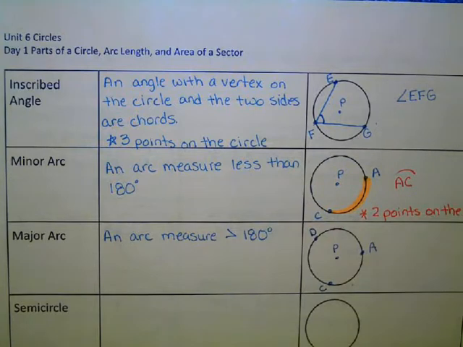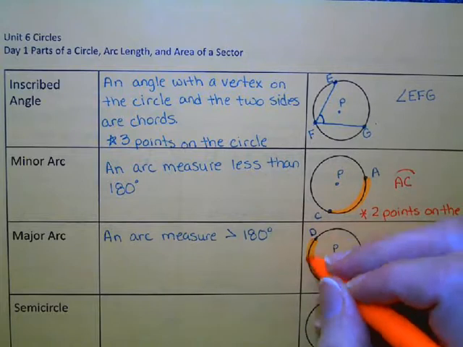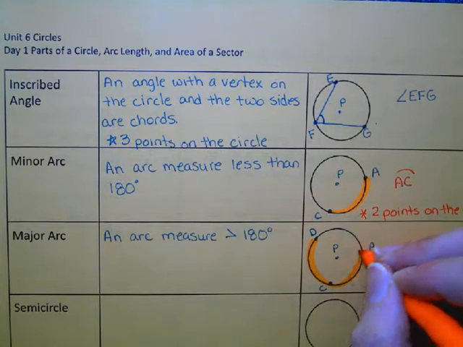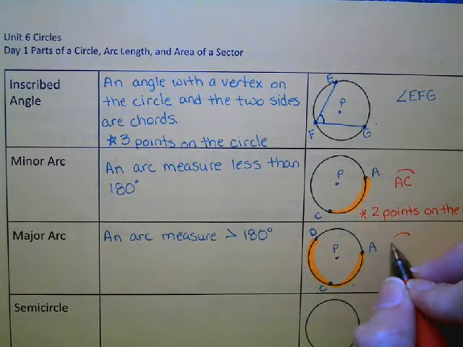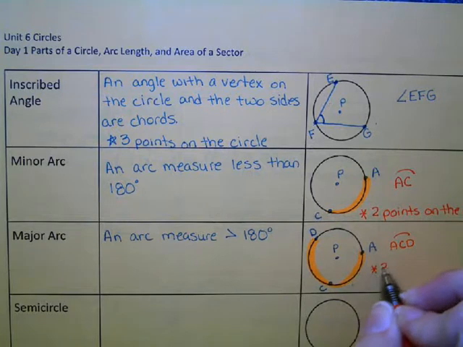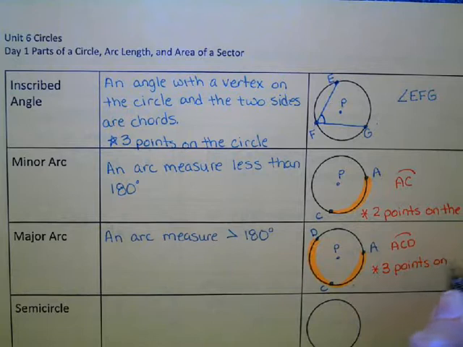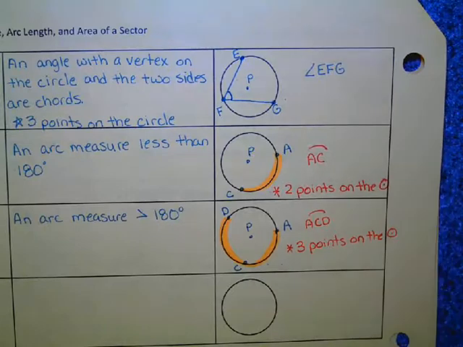Okay, I'll just draw an example. So one example would be these 3 letters. Okay, to be a major arc, you need to have 3 points on the circle, and it has to be over half the circle, 180 degrees.